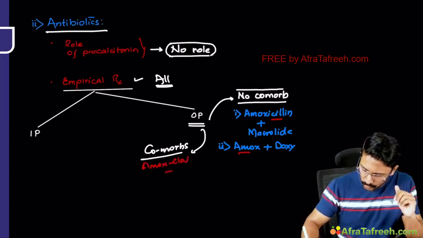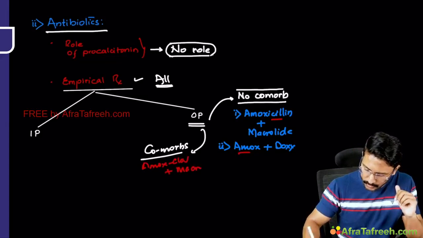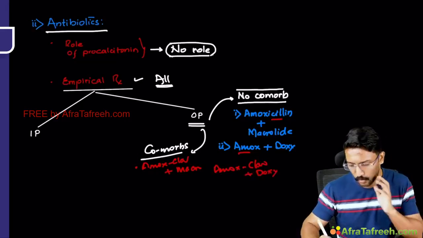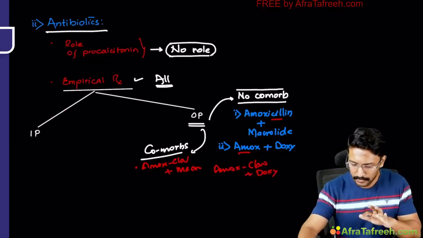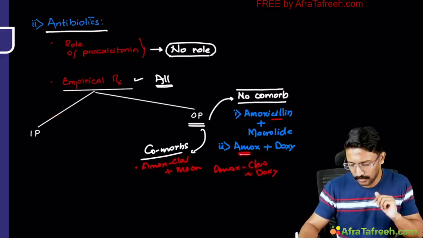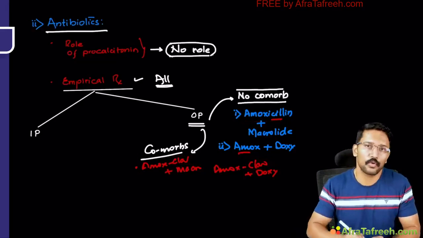Amoxiclav plus a macrolide is one option, or amoxiclav plus doxy is one option, right? So basically we are considering using the clavulanic acid in addition to what we prescribed in the no comorbidity group.